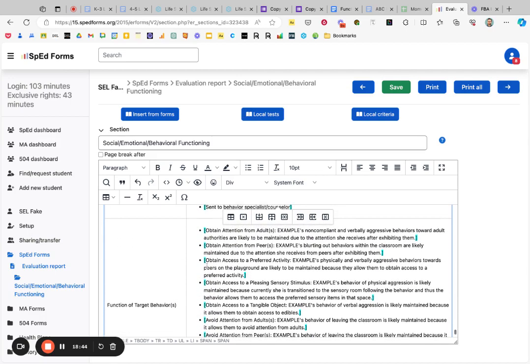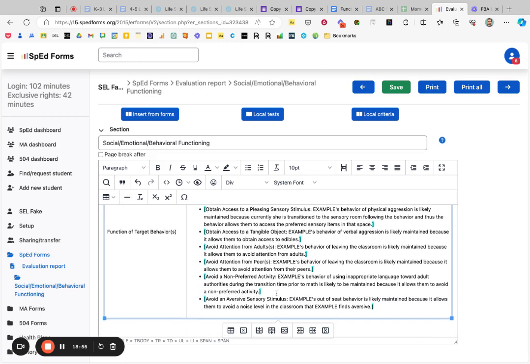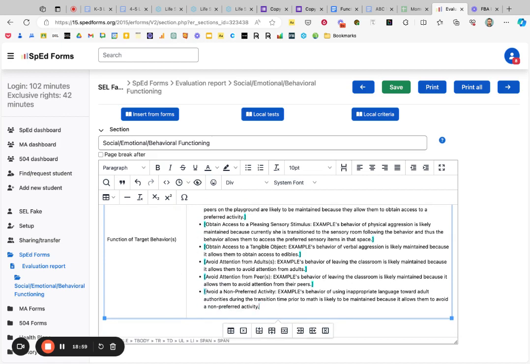And then the function of target behaviors. So say that they're different. Let's just say that the function of non-compliance is to avoid a non-preferred activity.